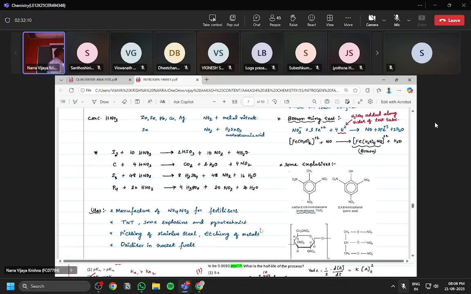Sulfur with HNO3 gives H2SO4 plus NO2. Carbon gives CO2 and NO2. Iodine gives HIO3 and NO2. Observe: I2 gives HIO3, carbon CO2, sulfur H2SO4, phosphorus H3PO4. Right? So with HNO3 you got H3PO4 and NO2 gas.